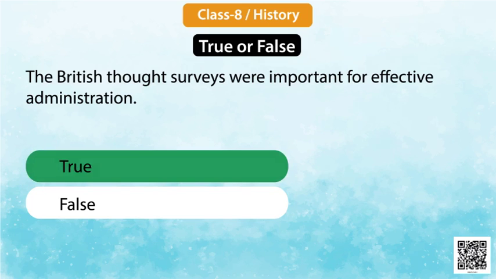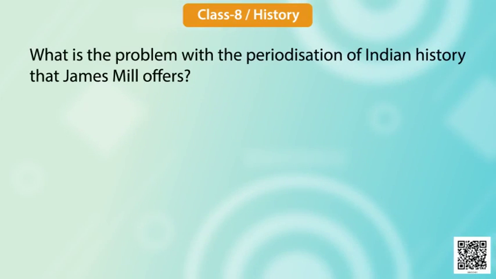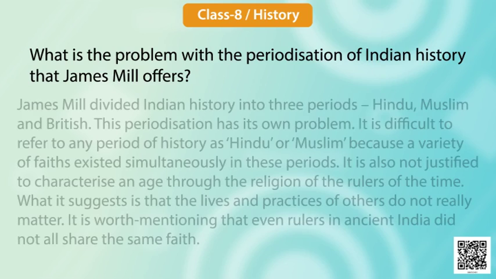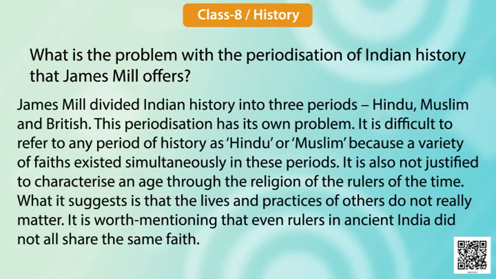Okay, if I have to ask you what is the problem with the periodization of Indian history that James Mill offered, what would it be? You might say that James Mill divided Indian history into three periods: Hindu, Muslim, and British. This periodization has its own problem. It is difficult to refer to any period of history as Hindu or Muslim because a variety of faiths existed simultaneously in these periods.